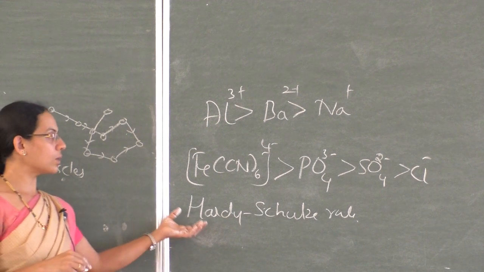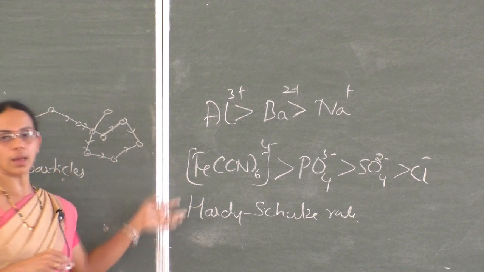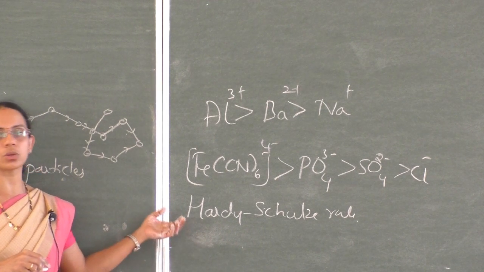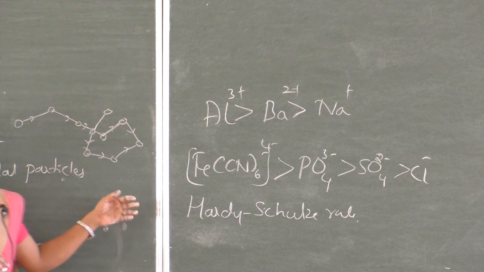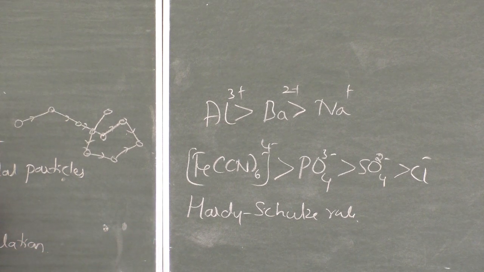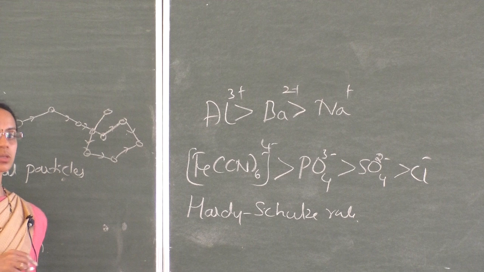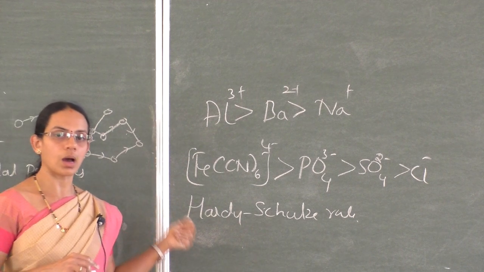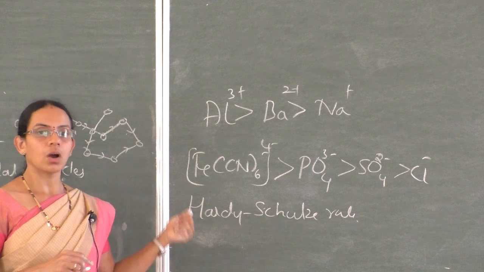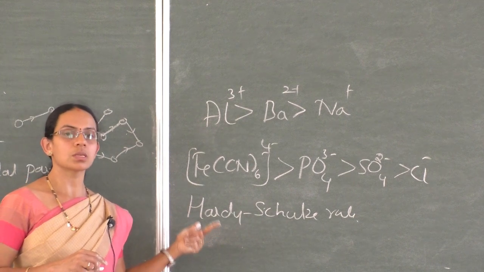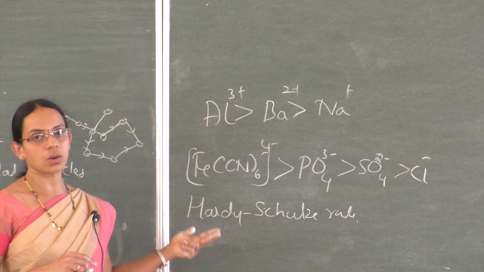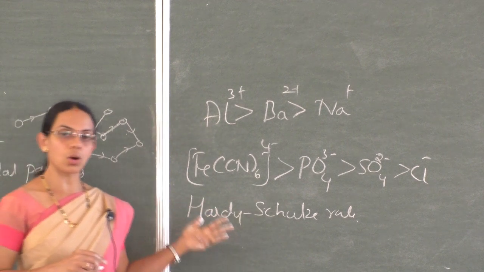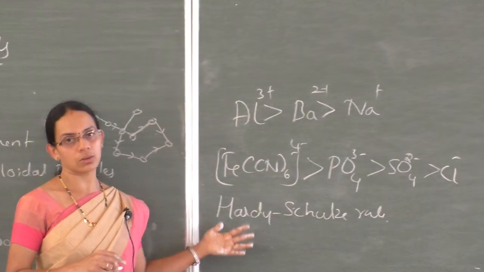That means the higher the valency of the coagulating ion, the more is the power to cause precipitation. So this is one of the important methods to cause the precipitation of a sol. The different methods of precipitation of colloidal sol are by boiling, or by electrophoresis, or prolonged dialysis, or by mixing oppositely charged sols, or by adding electrolytes.